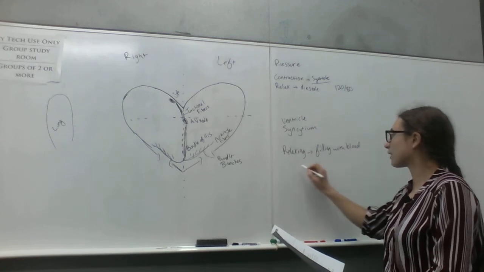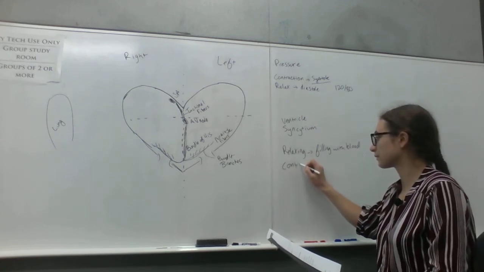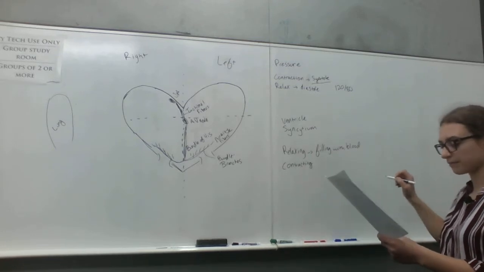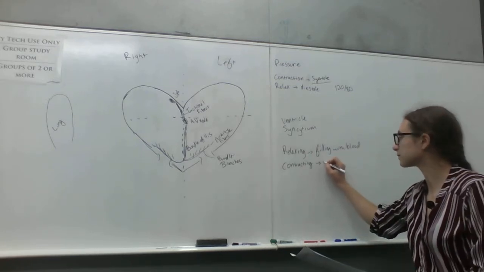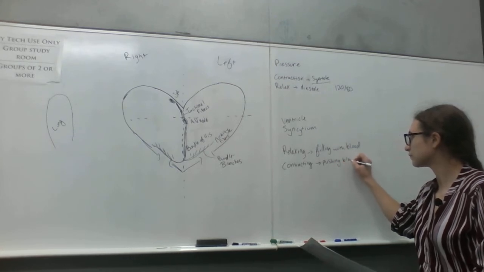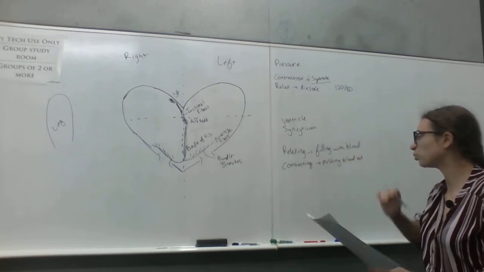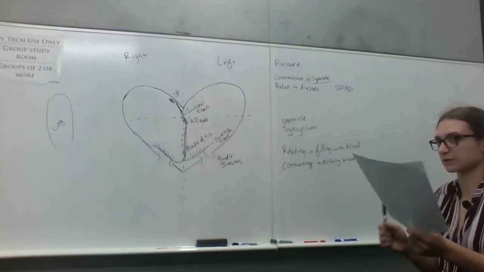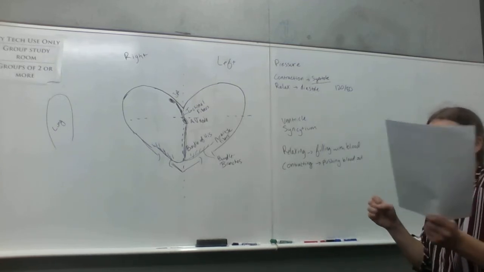And whenever the heart is contracting, it's pushing blood out. Because it's squeezing the blood out, right? It's contracting, kind of like how you squeeze your muscles. Okay. So it squeezes and pushes.